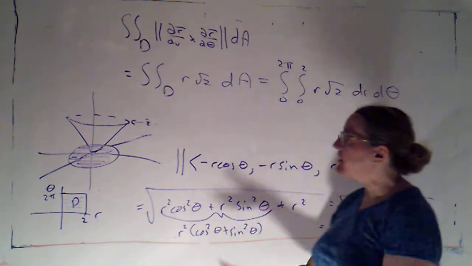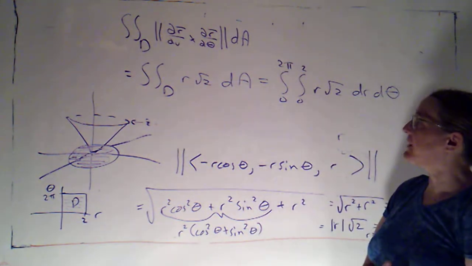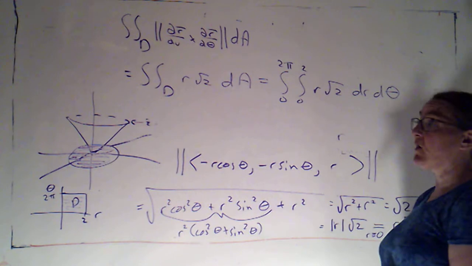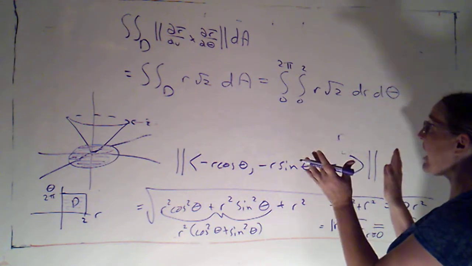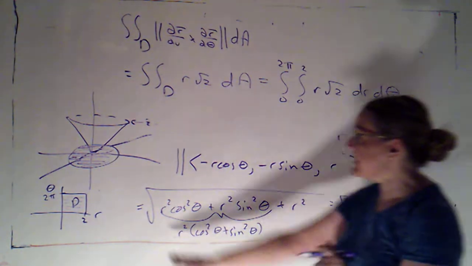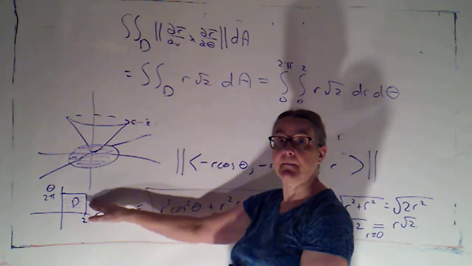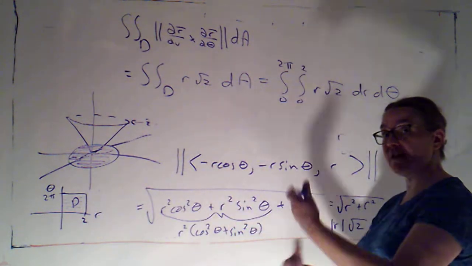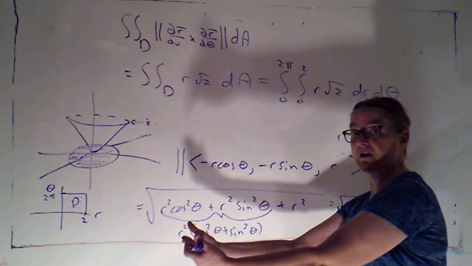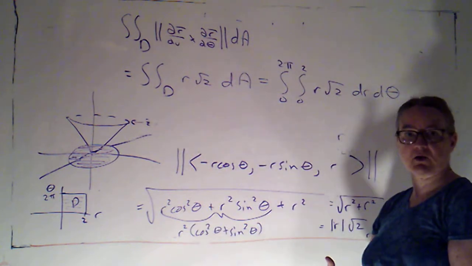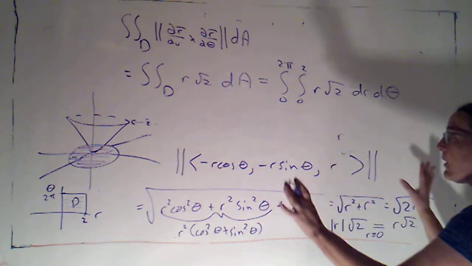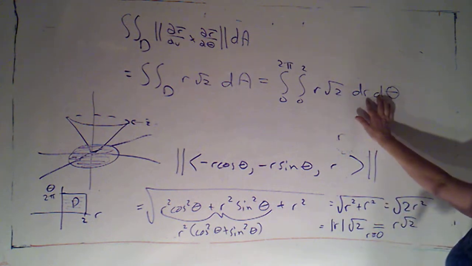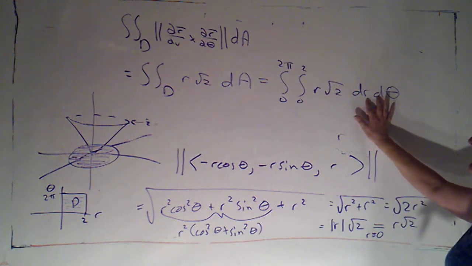But any scaling factors that I would have are taken into account because I set this up to figure out what this would be in the r theta plane. I'm not switching from integrating with respect to one set of variables to integrating with respect to another set of variables. This whole thing was always set up to be integrating with respect to r and theta.